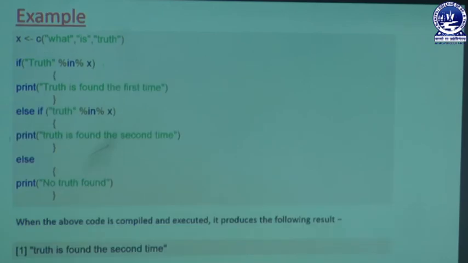Then there is another example in which we have used the else if condition. In the same way, all the elements are assigned into this x vector. In the first condition we have given whether truth belongs to the x vector or not. Then truth is found the first time.